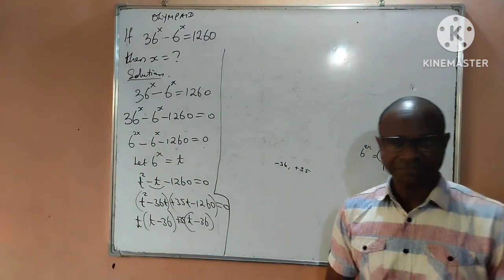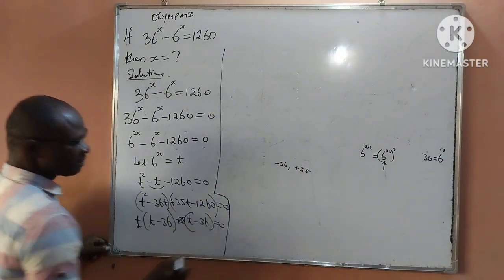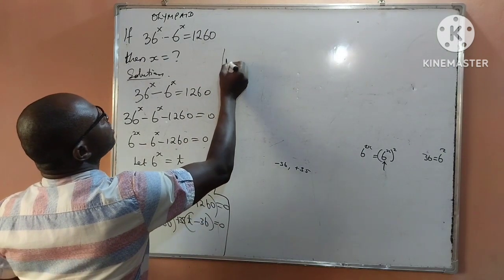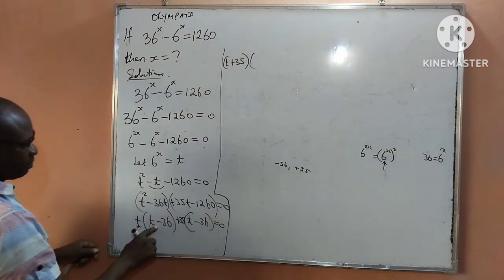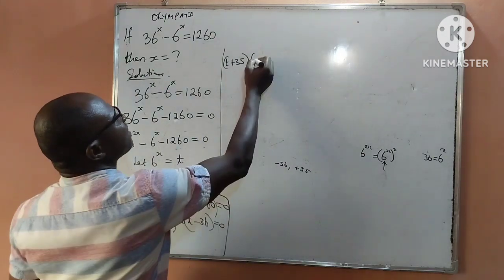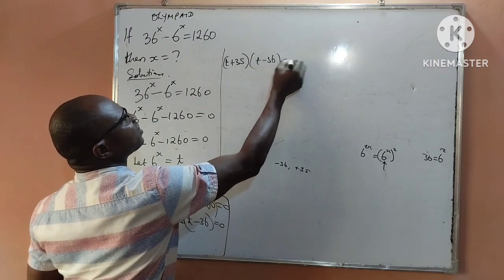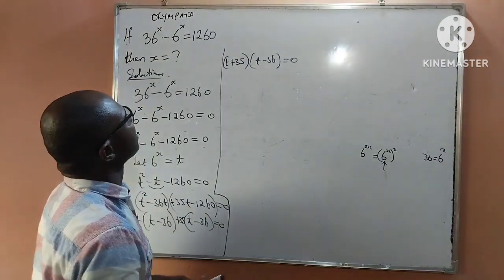It is well detailed. Moving forward, I can now write, remember it is equal to 0, t plus 35 into, picking one of the brackets, since they are the same, t minus 36, everything is equal to 0. So, we have two conditions here.